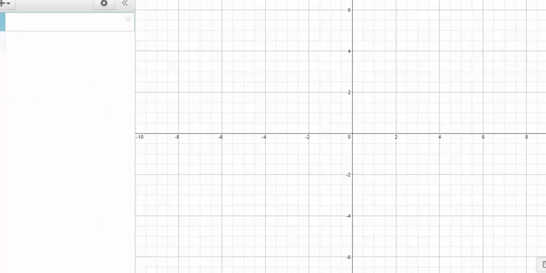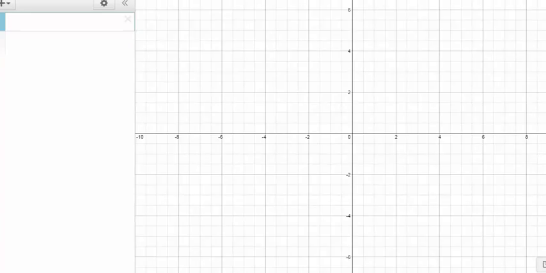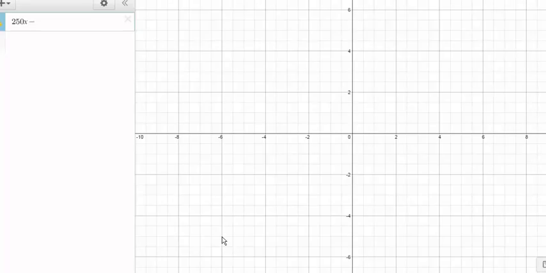And it's not a bad idea to go ahead and do things like this, as long as you're not relying on them. So 250x minus 1/2 x squared. Okay, so there's our function.